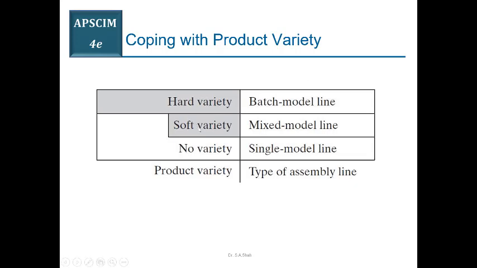If you have soft variation within the product, so most of the operations will be similar. So simultaneously you can assemble then multiple products.